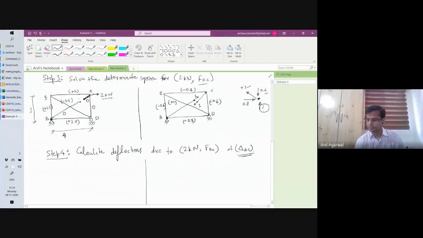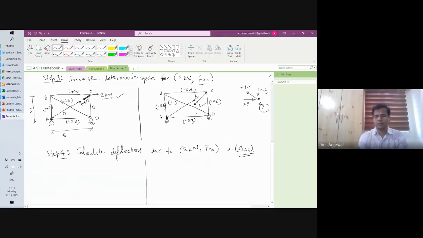Okay. So now, as you may remember, I want to know the deflection at this point, at this gap, correct? Because of this 2 kilonewton force and because of this FAC.